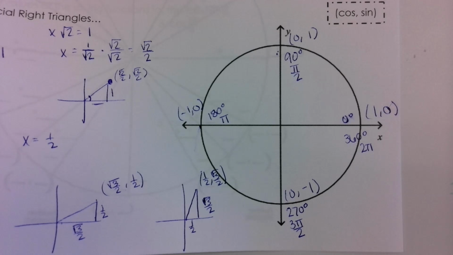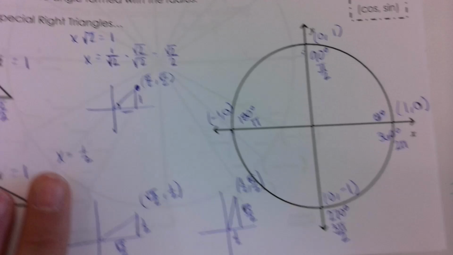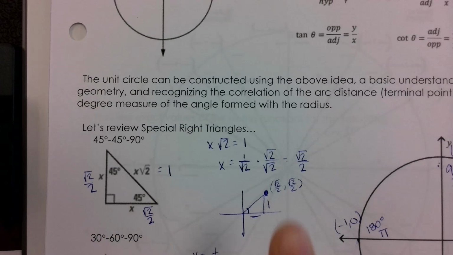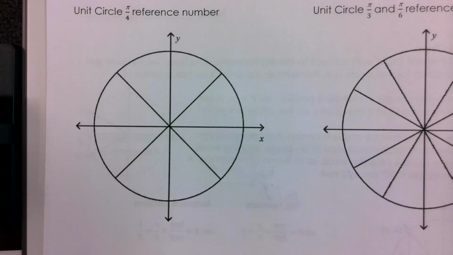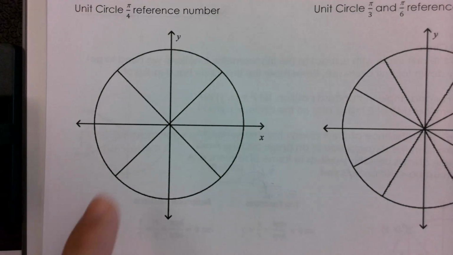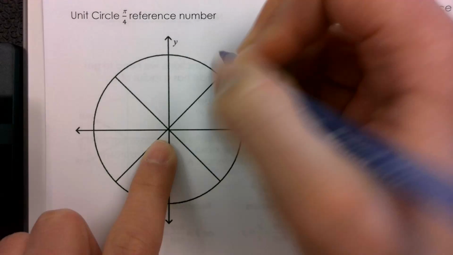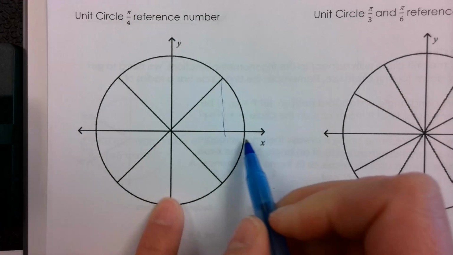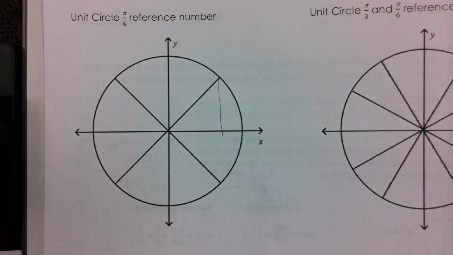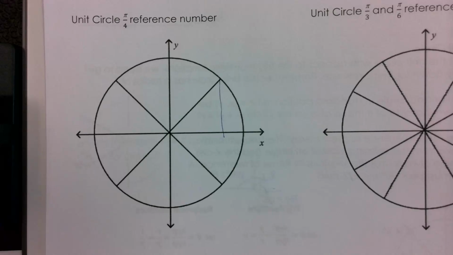All right. So we're going to take our 45-45 triangles and put those here to get those reference angles, or those numbers. We could drop a line here, and that's making our 45-45-90 triangle. Does that make sense? It's like the one that we did before. And where did we say that's what was going to happen?